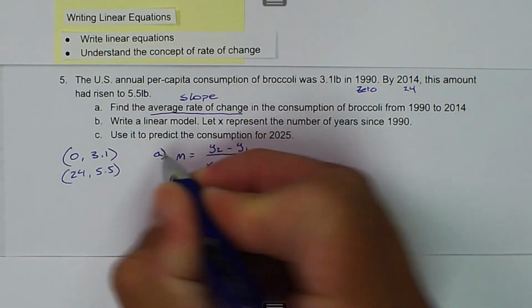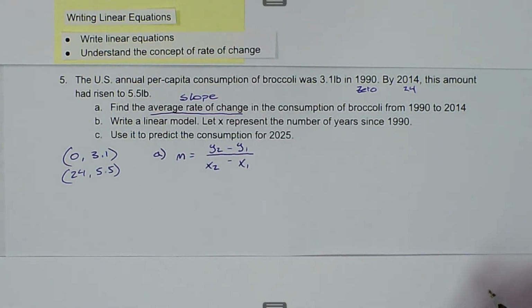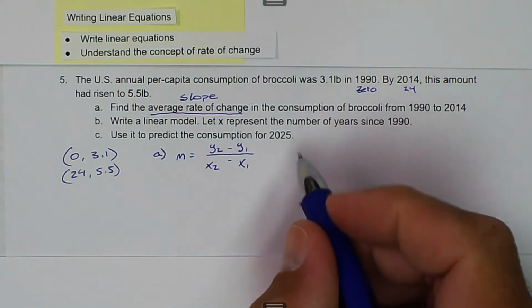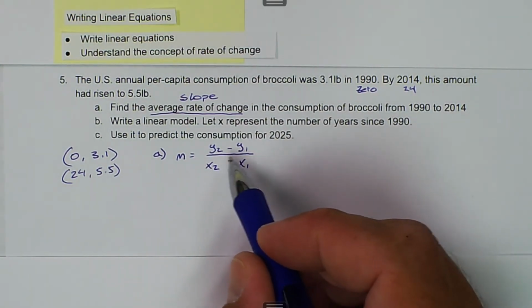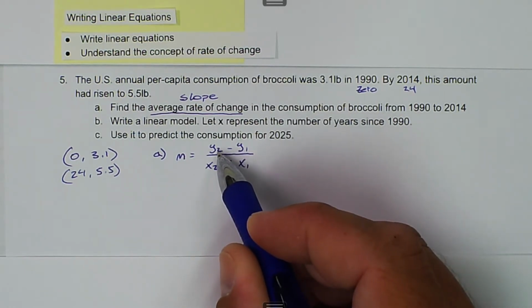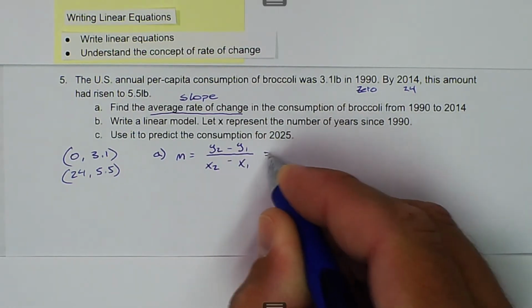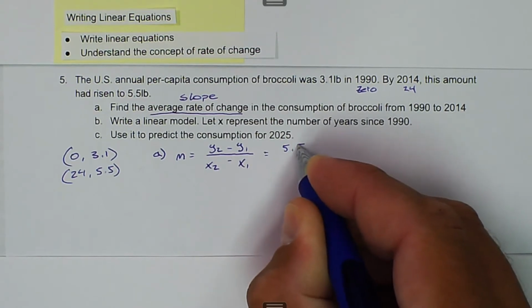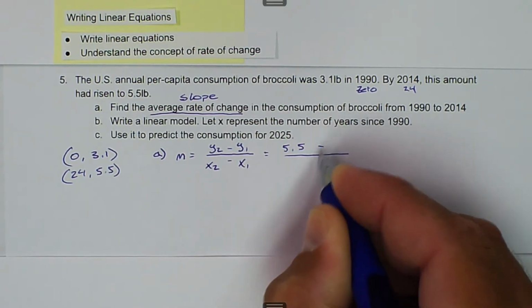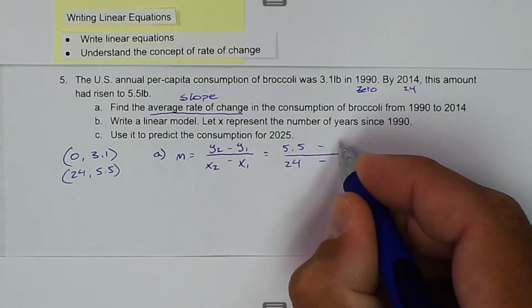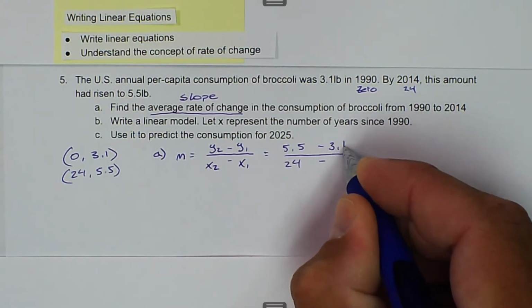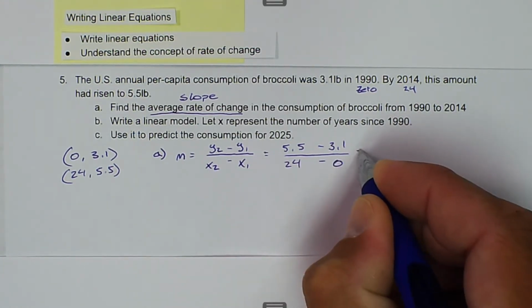So we're doing problem A right now. So we can pick which one we want, and then we can substitute the values in. So this is going to be equal to 5.5. Let's keep our minus signs in there. 5.5 over 24 and 3.1 over 0.